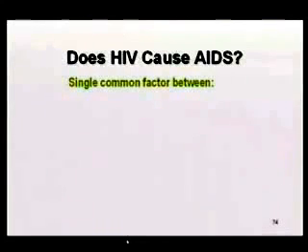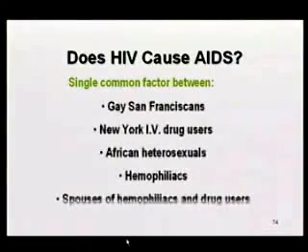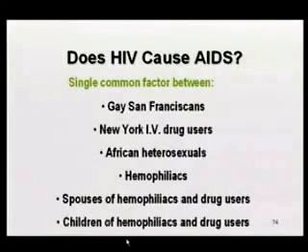Does HIV cause AIDS? I've already alluded to the answer to this question. There's only one single common factor between a gay San Franciscan in the 1980s, a New York drug abuser, an African heterosexual, and a hemophiliac with AIDS: HIV infection. The one common factor.